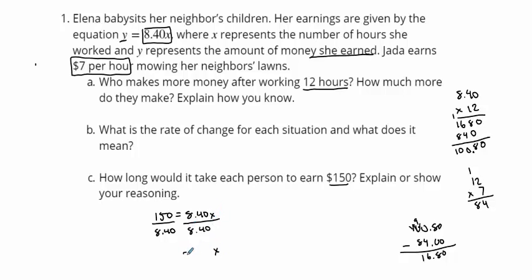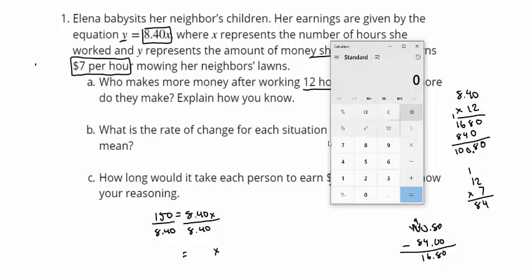So the number of hours is equal to 150 divided by 8.40. I'm going to do that on my calculator. So 150 divided by $8.40 is 17. I've got this long decimal here. So 17 hours, right?